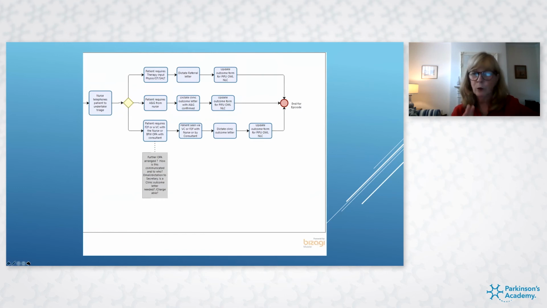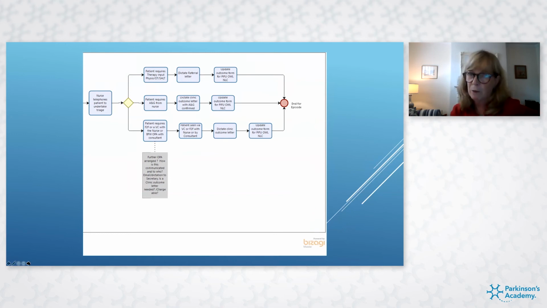Okay, so when we were setting this service up, patient-initiated follow-up, by definition, would mean that the patient tells us when they want our next appointment. I thought long and hard about this, and I discussed it with many of my colleagues and therapist colleagues as well. The fear was that we might miss some triggers as healthcare professionals if we left it to the patient to just get in contact with us within the year.